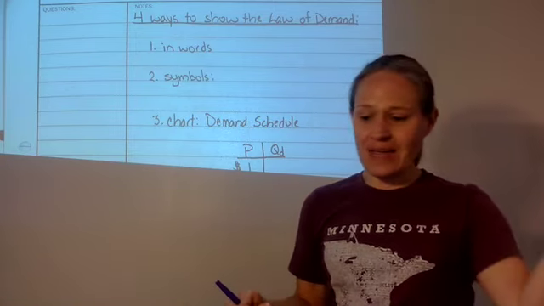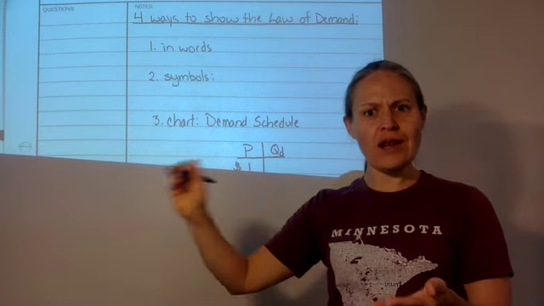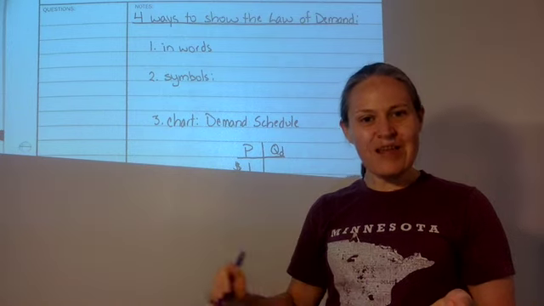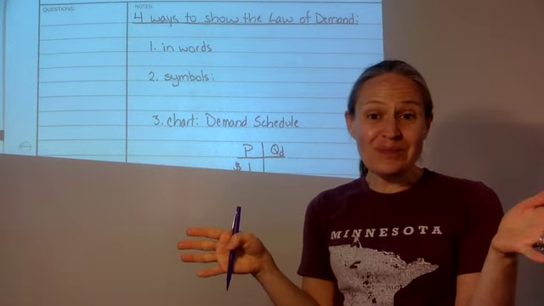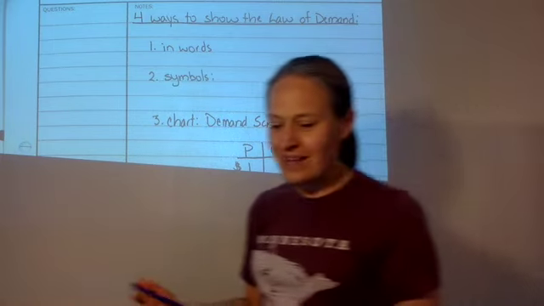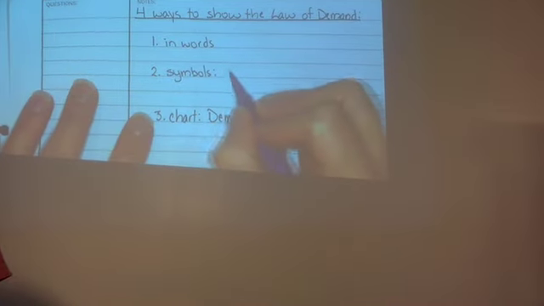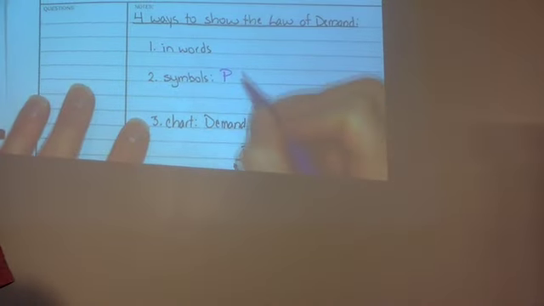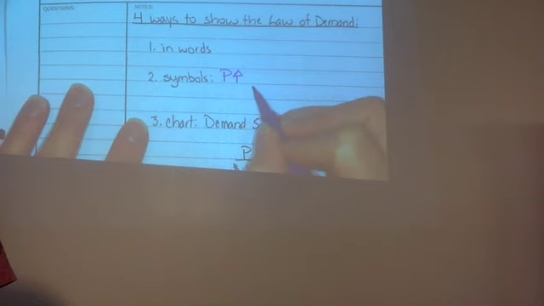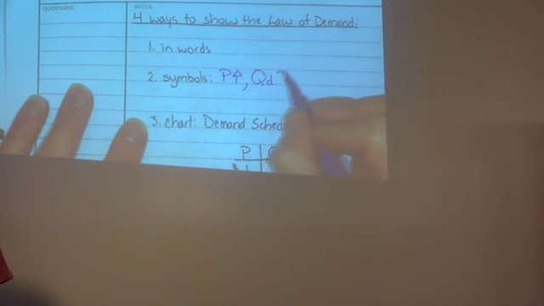And like we did on page 2 of our notes, we could write it out into sentences, but nobody wants to do that. I'm never going to do that. I only write the law of demand in symbols, and I like to keep it very, very simple.